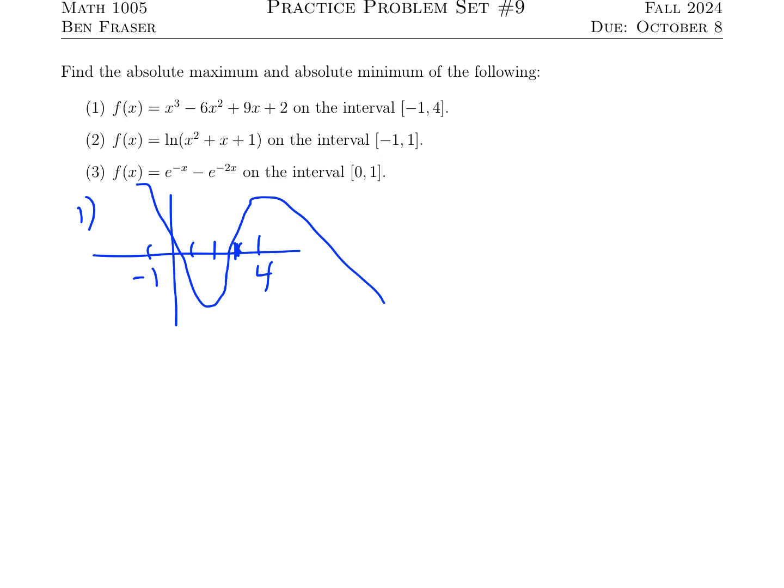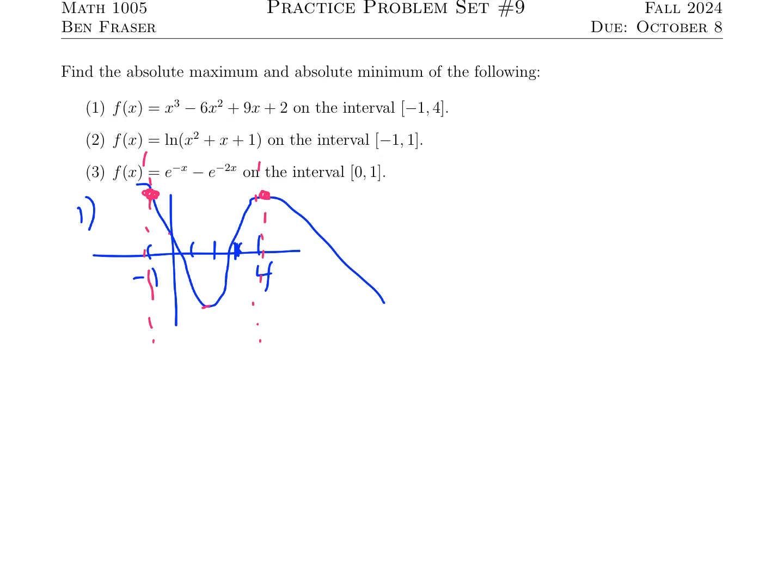So if you look just in this frame between -1 and +4, they're asking us what's the absolute highest value of y and what's the absolute lowest value of y. So even though it looks like maybe there's a maximum as a turning point or a critical point up here, in this field between -1 and 4, this is the highest point.